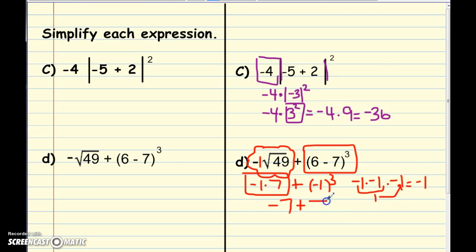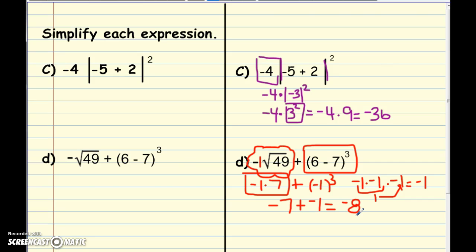So I'm going to bring my -1 right here. And here is my -1. And then the last thing we have left to do is to add them together. And anytime you add 2 negative integers together, you keep the negative sign and add the digits. So we have -8 here.